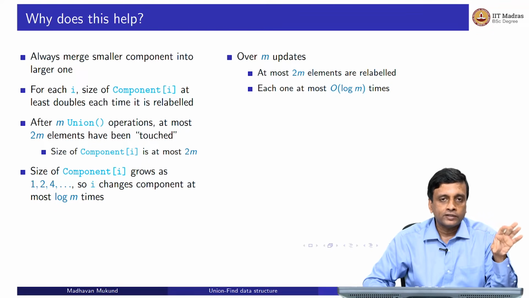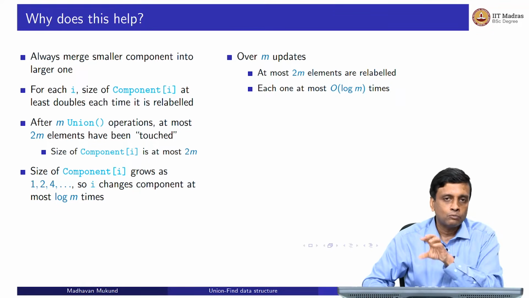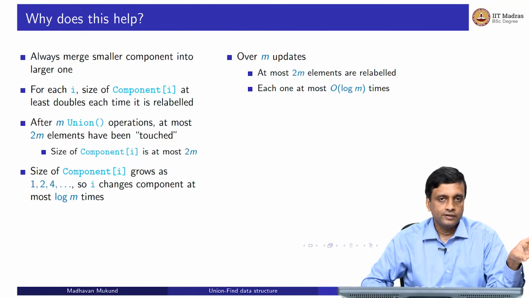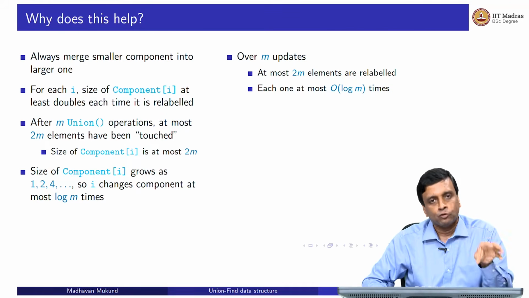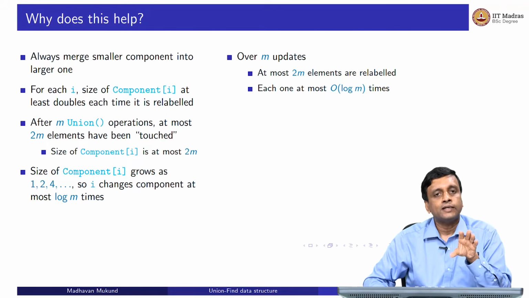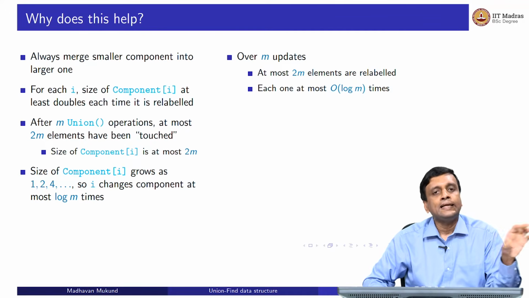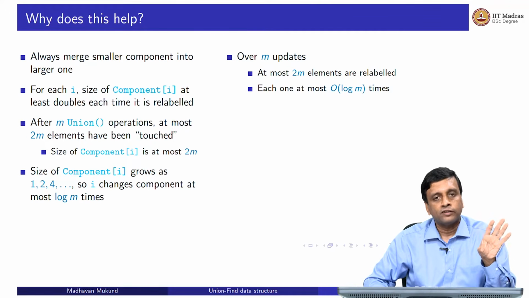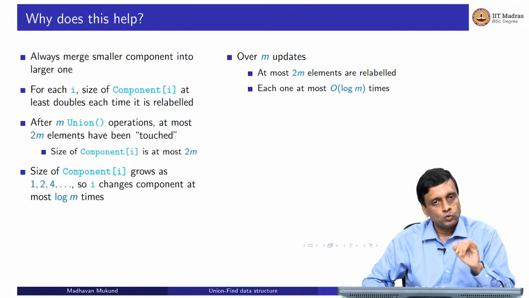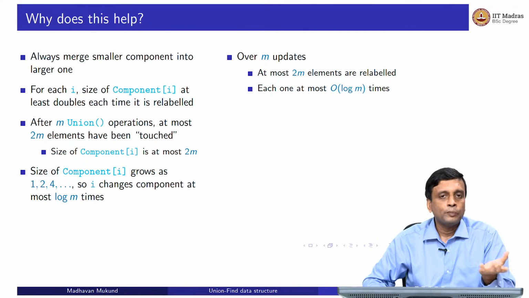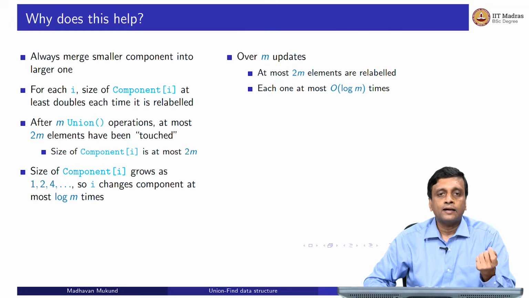I never look at a vertex to relabel unless I need to, because I am looking only at members of C. So every time I decide whether to relabel a vertex or not, I am going to relabel it, right. I never look at a vertex and don't relabel it. So I only need to know how many relabel operations there are, because I never try to do anything with vertices in union when I am not relabeling them. But I know that there are at most 2m of them, because that is the limit of how many vertices ever get relabeled, and each one of them gets done at most log m times.